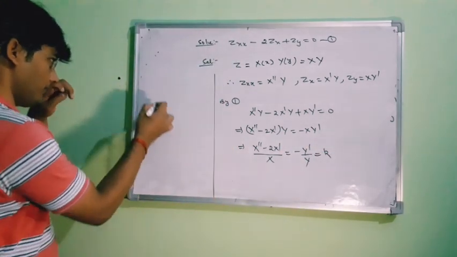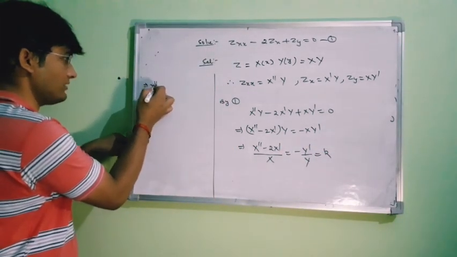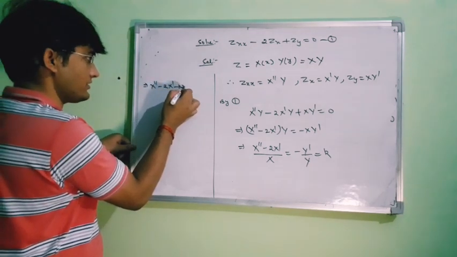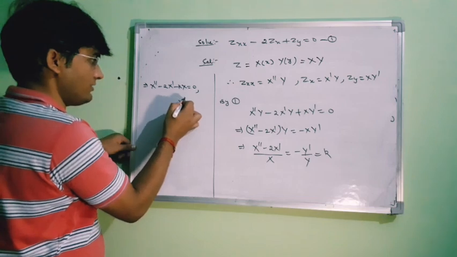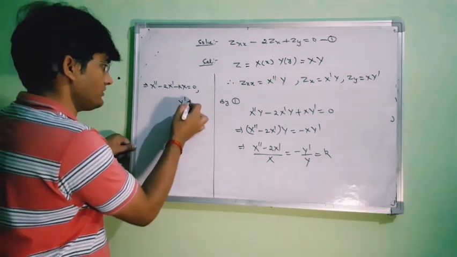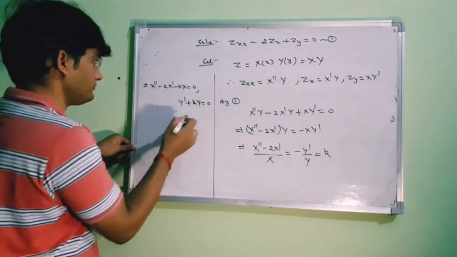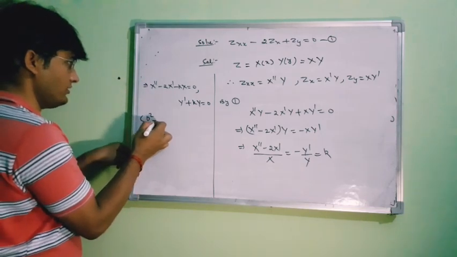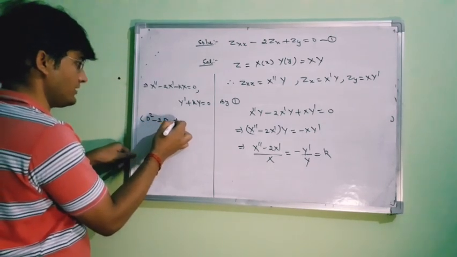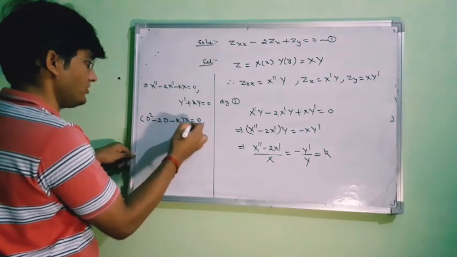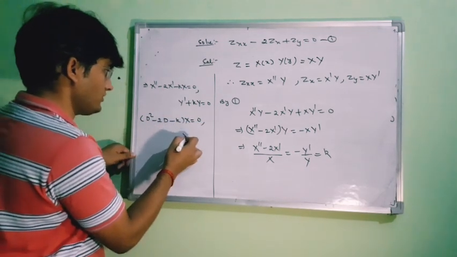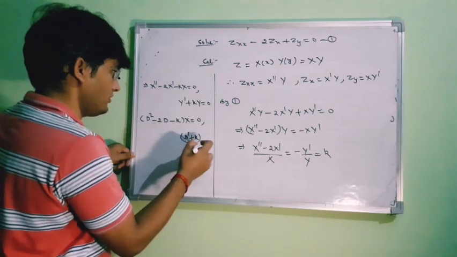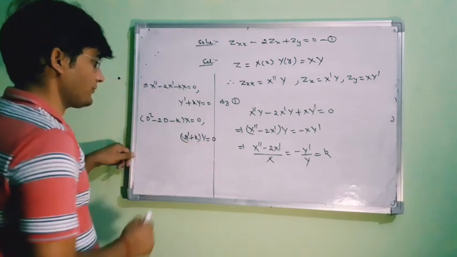So from here we will have X double dash minus 2X dash minus kX equal to 0, and Y dash plus small kY equal to 0. Now this equation can be written as (D square minus 2D minus k) of X equal to 0, and the second equation can be written as (D plus k) of Y equal to 0.